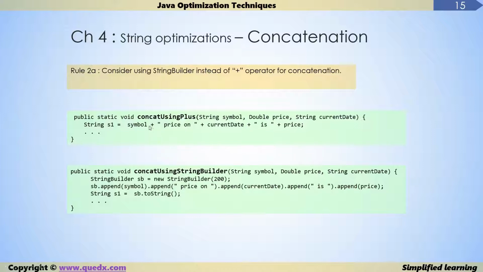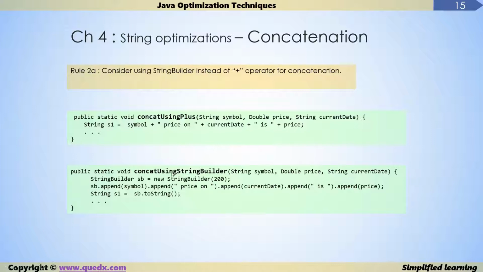So when we use the plus operator, since it is going to cause a modification of this particular string, it will result in a new string being created. And that new string, again, we are using a plus operator, and we are appending current date, and this goes on. So eventually we'll be getting a string which is a concatenation of all these strings.